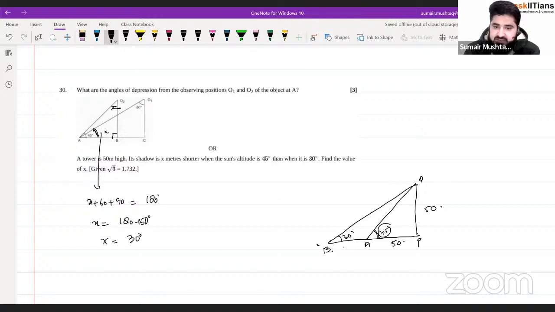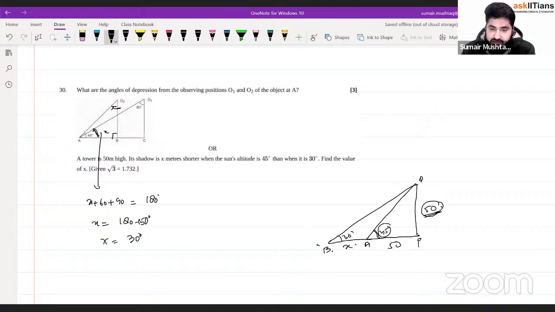The figure is not attached here, I just forgot to put the figure here. So it is 50 here, so you need to get this as well. So this will be also 50. You need to find the value of x. This is easy now. Come on, tell me which trigonometric function are you going to apply to find the value of x? Tell me fast.